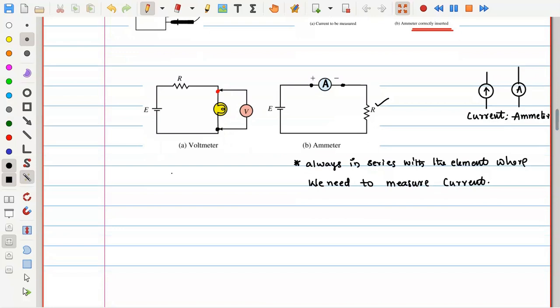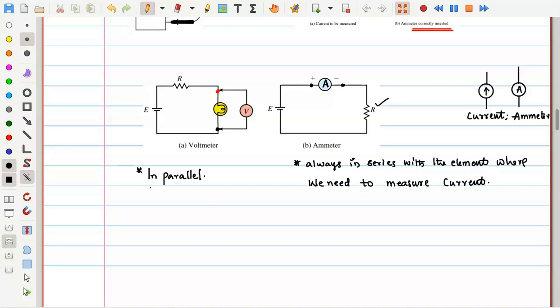Whereas the voltmeter, how do we connect it? The voltmeter should always be connected in parallel to the element whichever we need to measure the voltage of. Like this lamp, whose voltage I want to measure, just across that you connect it.